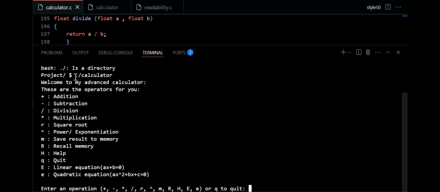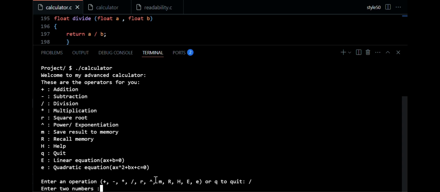It shows welcome to my advanced calculator, and these are the operators for you. It gives all of these operators, information about these operators, and it asks us to enter an operation. Now I'm going to use a basic one. Let's use divide. It's asking me for two numbers.